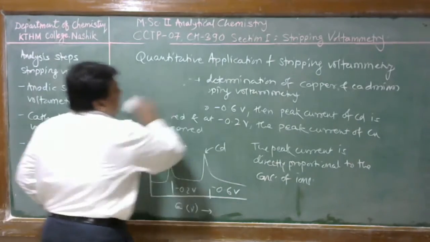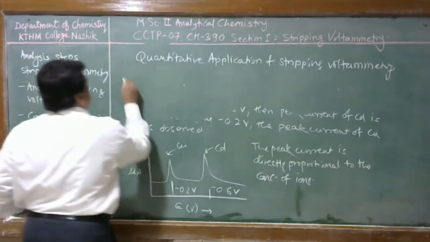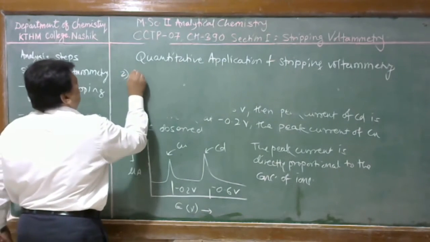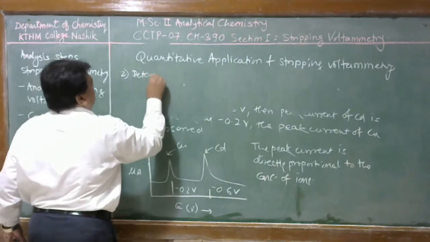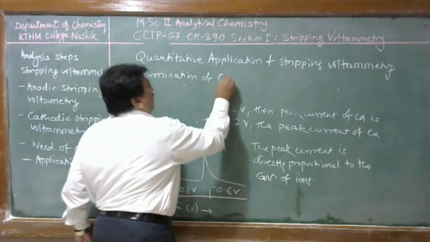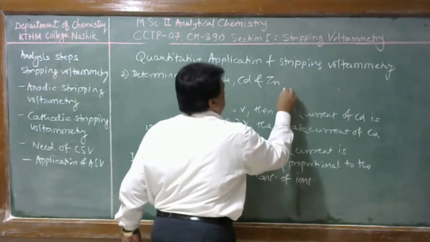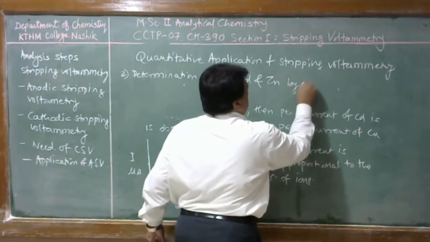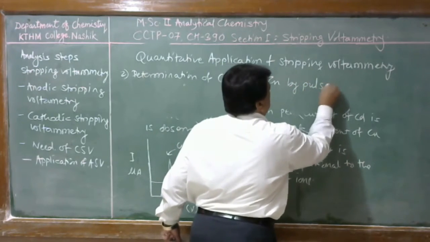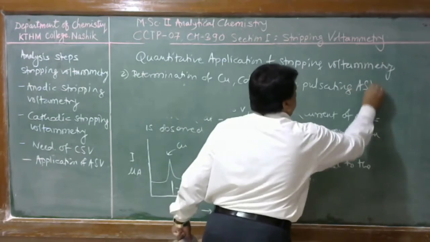Now we discuss the second application, that is determination of copper, cadmium and zinc by pulse anodic stripping voltammetry.